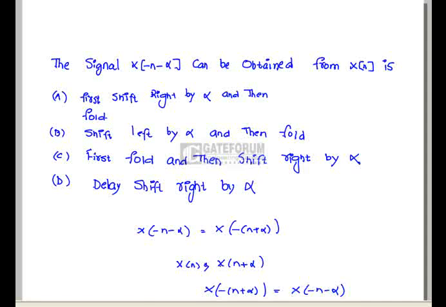So first shift left by alpha, then fold it, then we will get option B as the correct answer.